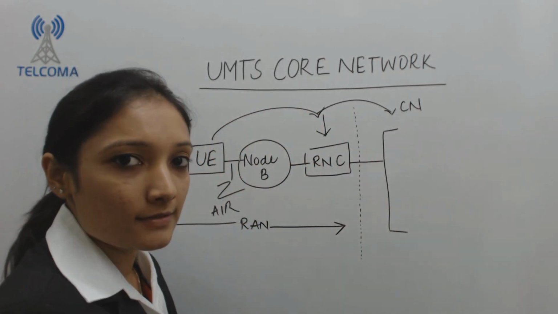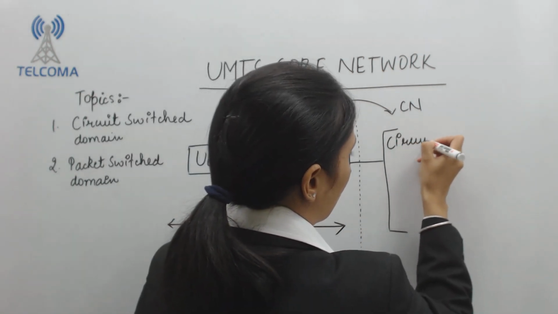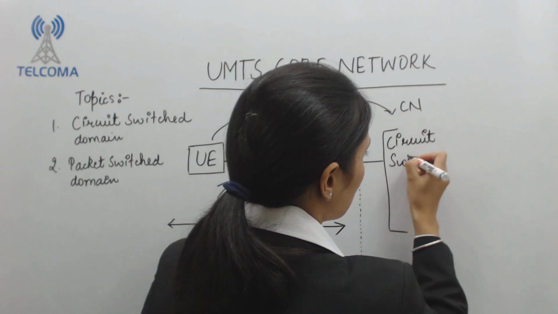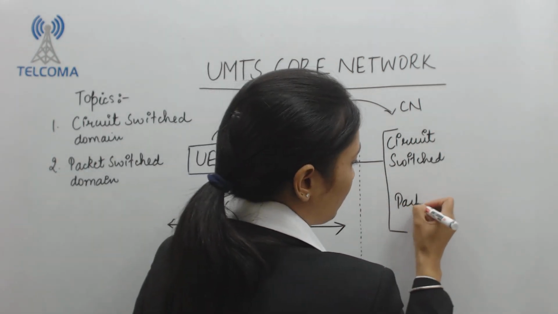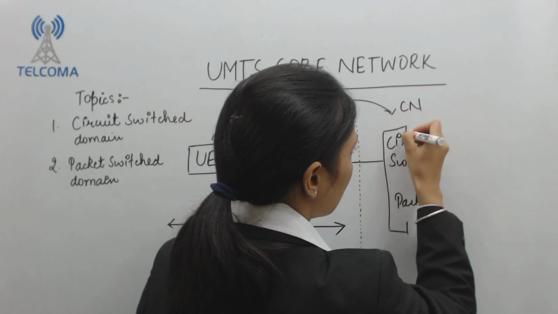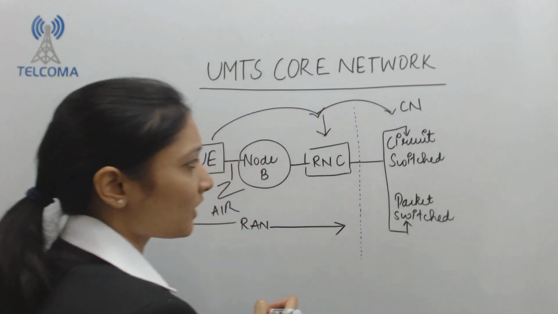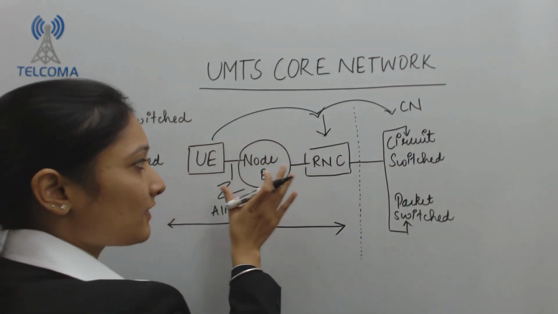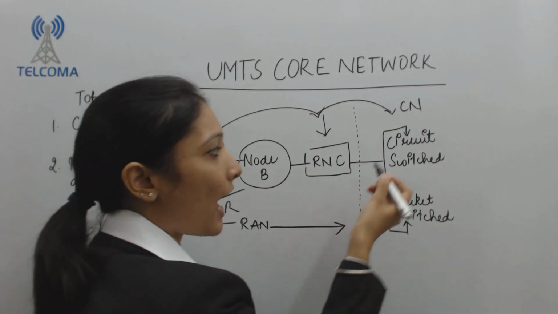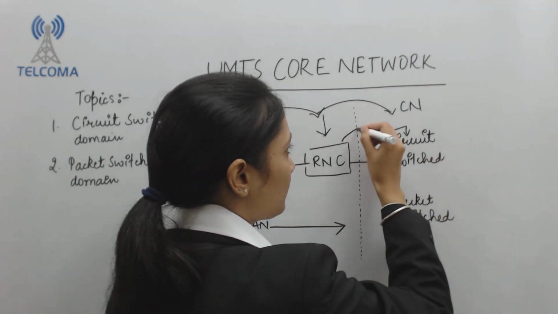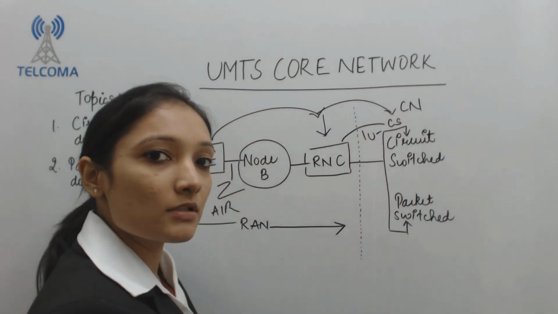Now the core network of UMTS is classified into two different categories: circuit switched domain and another one is packet switched domain. In the previous session we studied the various interfaces between these nodes also. The interface between the radio network controller and the circuit switched domain is IuCS. CS represents our circuit switched domain.